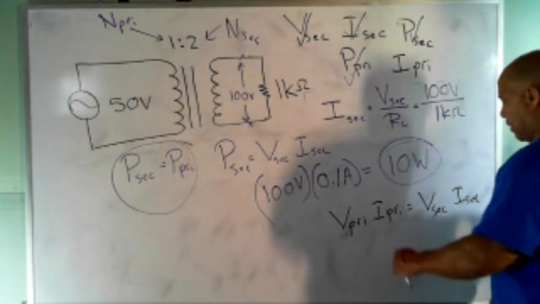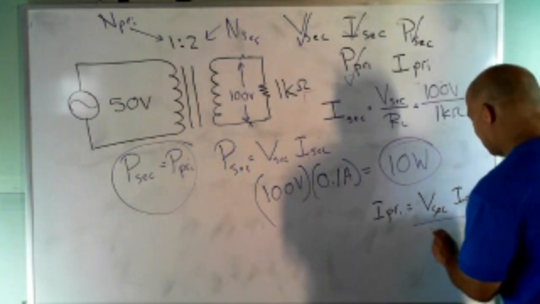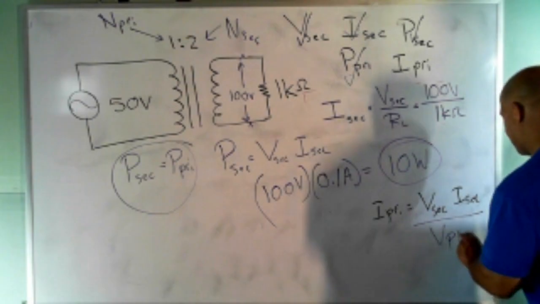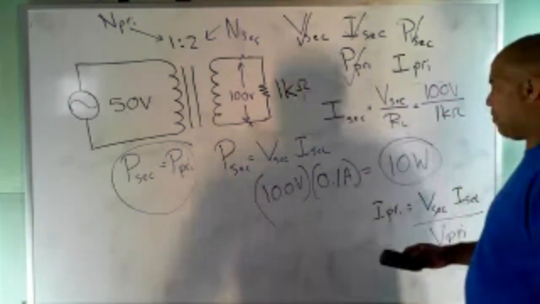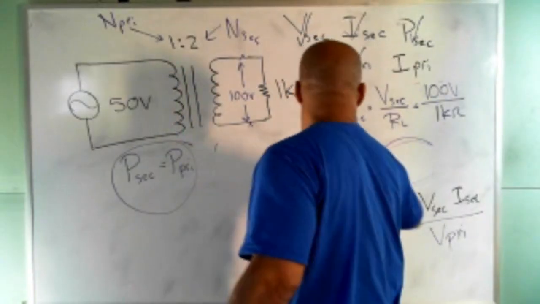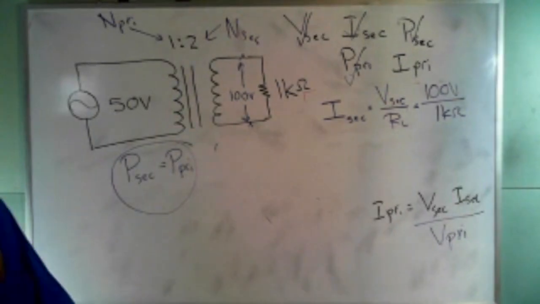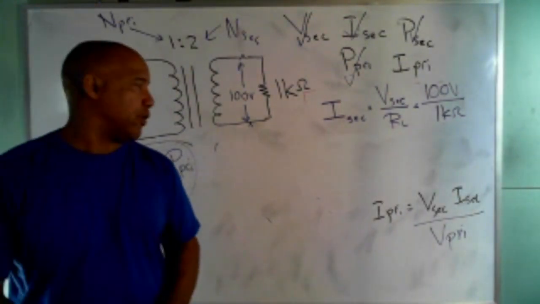If I divide both sides by V prime, then what I get is this, and I can solve for I prime that way. I prefer to do it that way. So we'll go ahead and do that, and then I've got something else I want to show you.